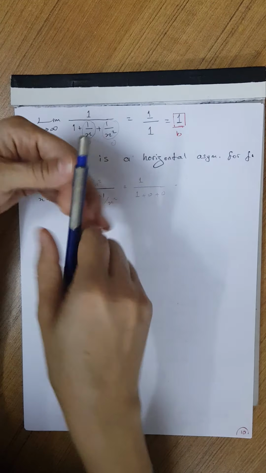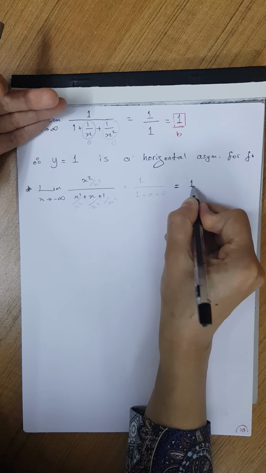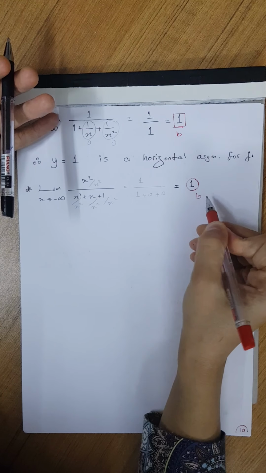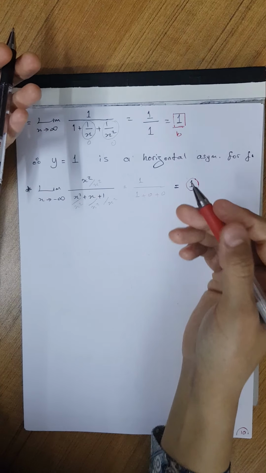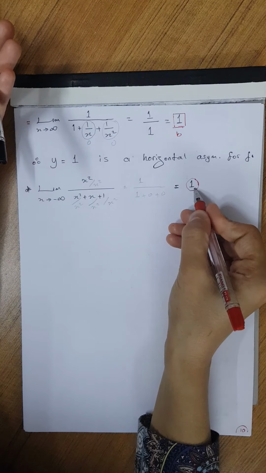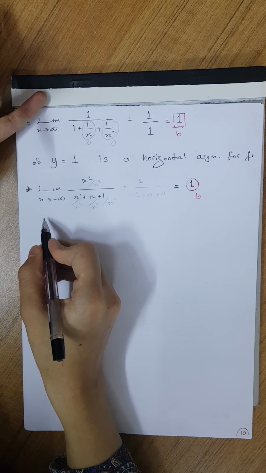So what is that limit equal to? Again, we calculated it. That's equal to 1. What did we get again? We got the same number. It doesn't make a difference if you get the same number or another number. The important thing is that if you get a number, that number will be the horizontal asymptote for the function.